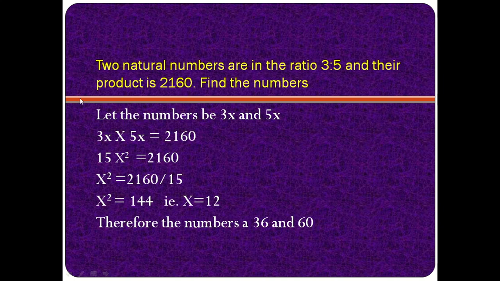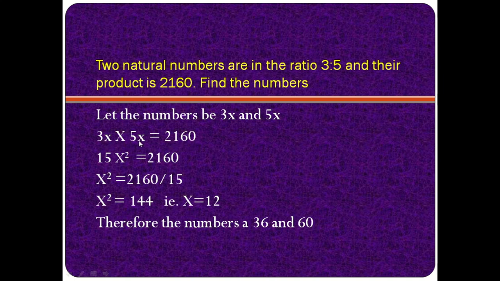In this case, first of all, we are assuming that the numbers are 3x and 5x. This is 3:5. So we are assuming that the numbers are 3x and 5x. And it is said that 3x into 5x is equal to 2160. Product is equal to 2160.